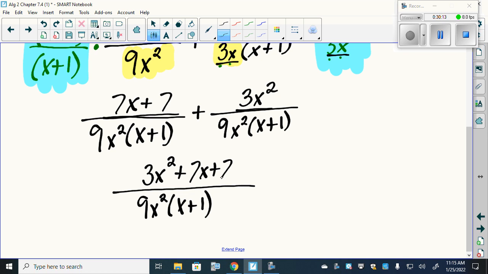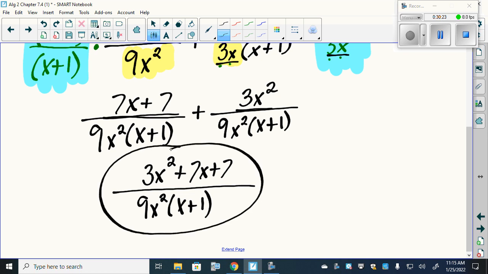Now at this point here, we would need to make sure that the numerator does not factor in any way, shape, or form, and well, it actually works out that this one does not factor at all. So this here would be the final answer. Now we don't want to multiply the denominators.